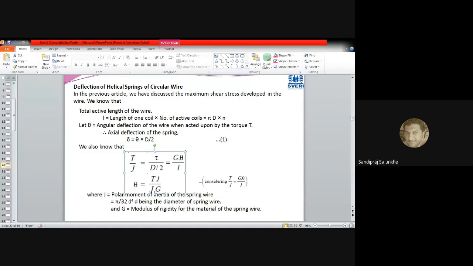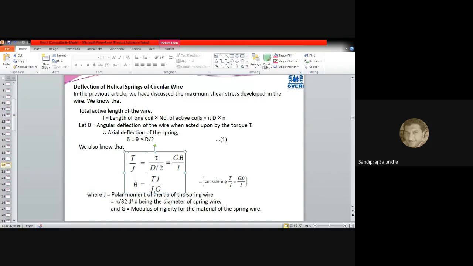Okay. So this theta is calculated as T multiplied by L. This total equation we have written. We are interested in calculating theta in terms of T and J. So T divided by J into G into L. That will be the deflection which will take place in the spring wire.